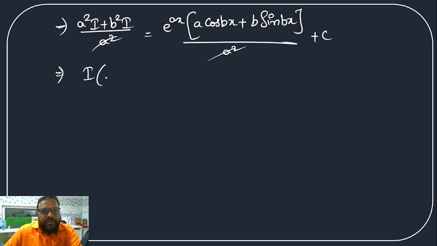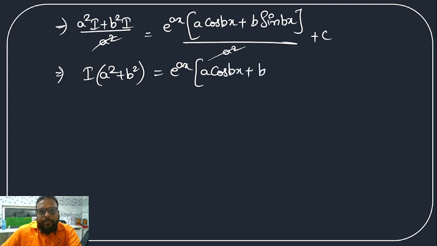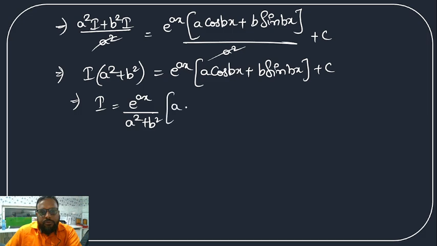Here if I take I common, it will be I into a square plus b square is equal to e to the power of ax into a cos bx plus b sin bx plus c. So from this, when I send a square plus b square to that side, it comes to the denominator. So I equals e to the power of ax by a square plus b square into a cos bx plus b sin bx plus c.